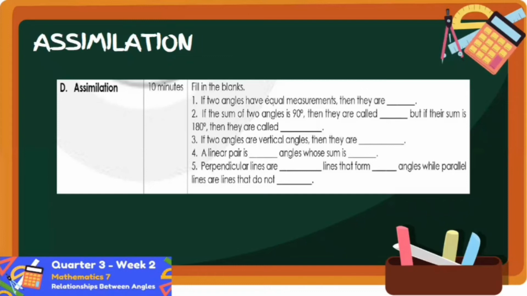Number 3. If two angles are vertical angles, then they are blank. Number 4. A linear pair is blank angles whose sum is blank. Number 5. Perpendicular lines are blank lines that form blank angles, while parallel lines are lines that do not blank.